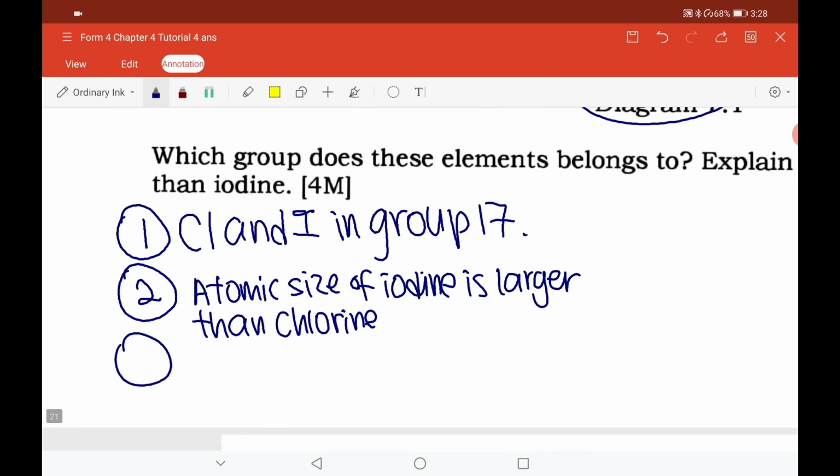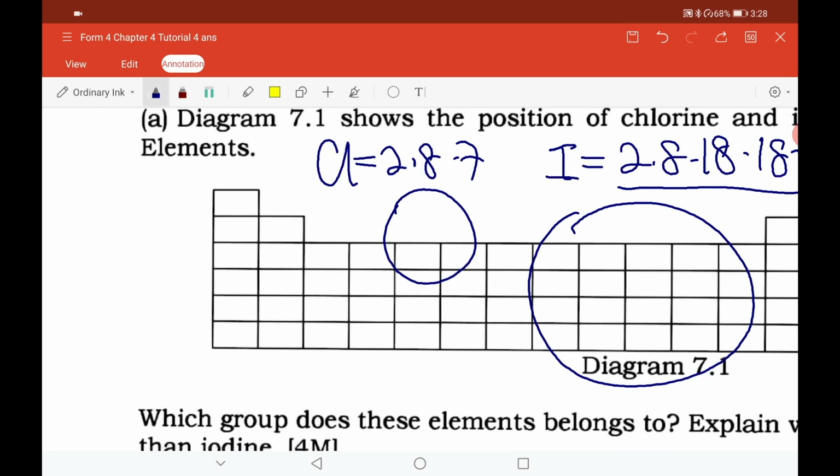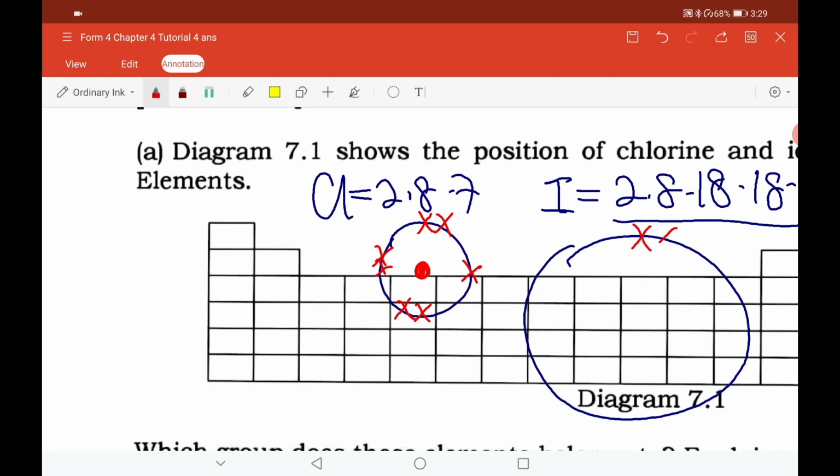We know that when the size is larger, the valence electron is far away from the nucleus. You see, in this one, the 7 valence electrons are here, close to the nucleus. In this one, the 7 valence electrons are here, far away from the nucleus.